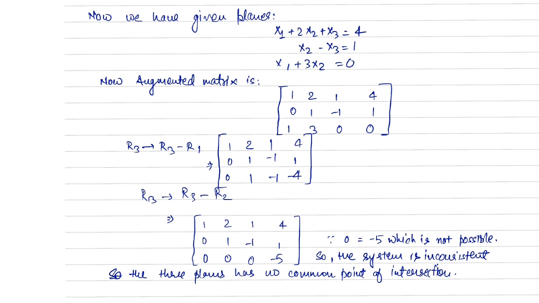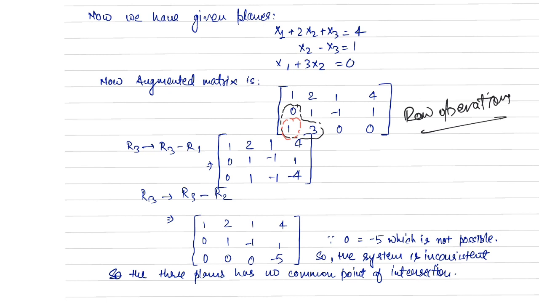Now, for solving the system of linear equations, what do we have to do? We have to convert these three points into 0 using row operations. First, this one is already 0, so we have to make this one 0.